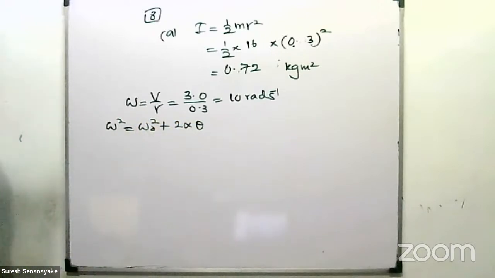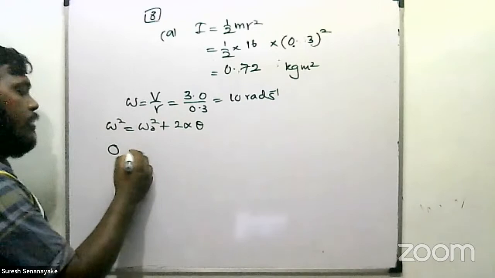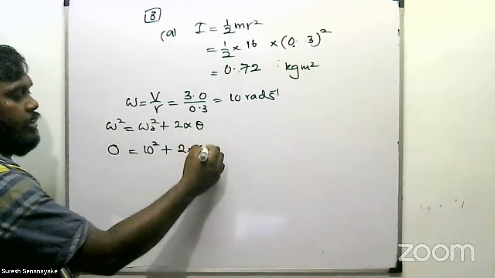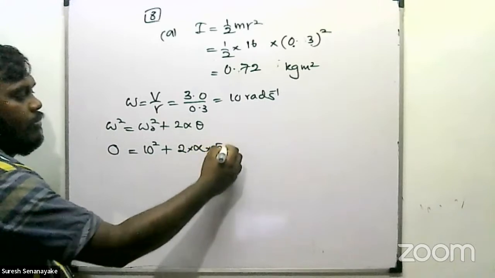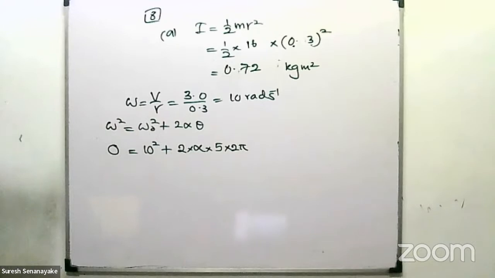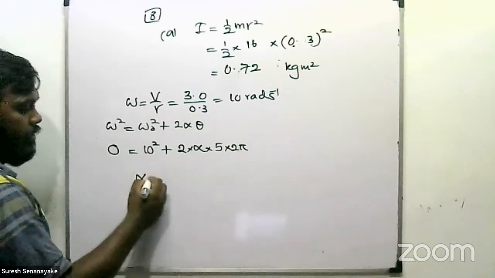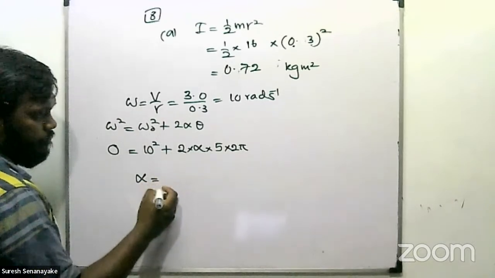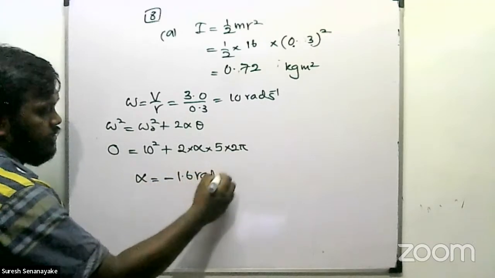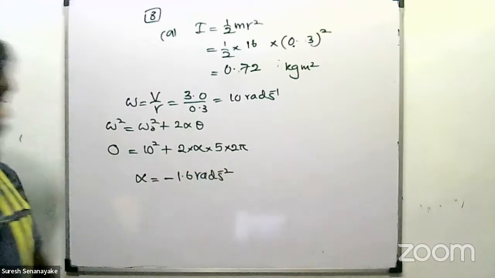It is given that it makes 5 revolutions and comes to rest, so final omega is 0. Initially omega naught squared, we find 2 alpha, and theta is 5 revolutions. You need to multiply this by 2 pi. Then alpha is about minus 1.6 radians per second squared.